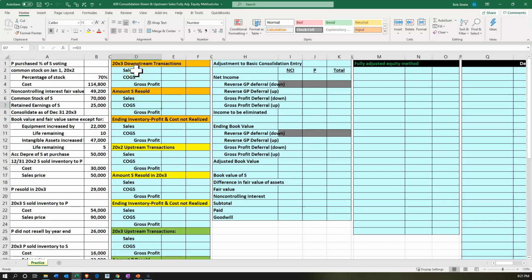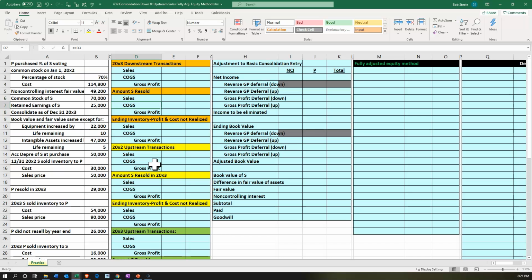Okay, so we're going to go through our standard process. We want to think about these intercompany transactions in this format as we've seen in the past. Now, it's a little bit of a twist here because usually we would think there's going to be downstream transactions related to last year, and then upstream transactions related to last year, and then downstream and upstream related to the current year.